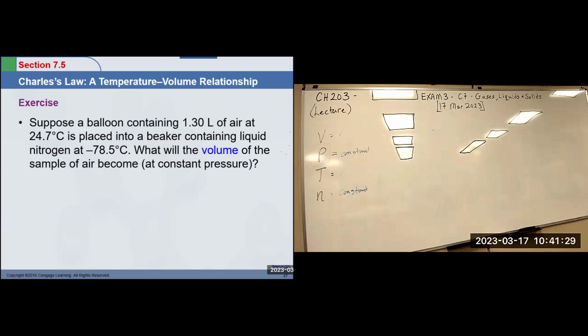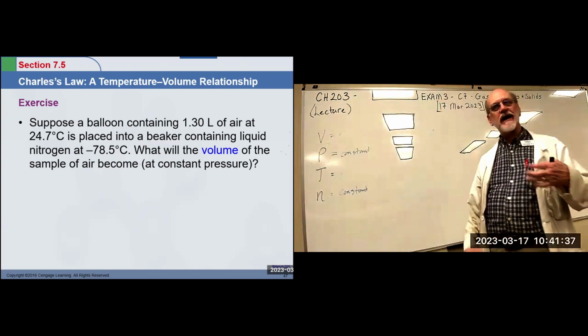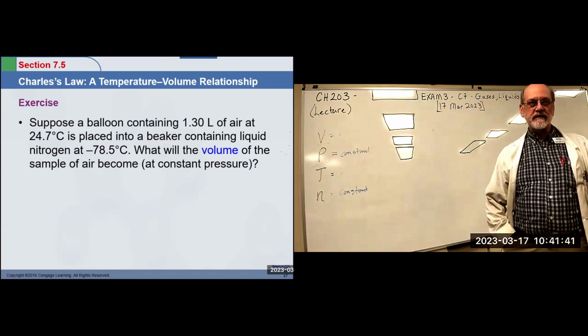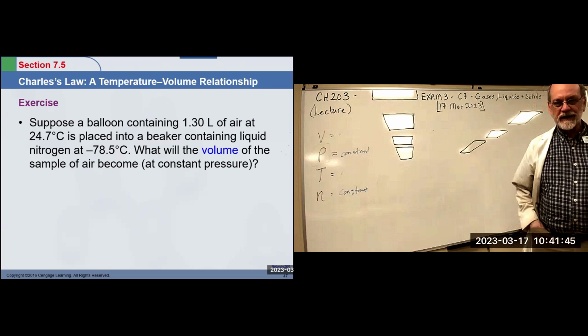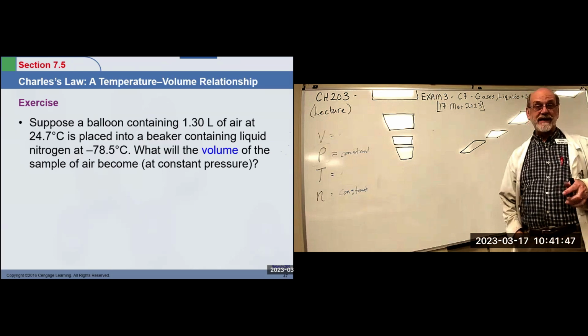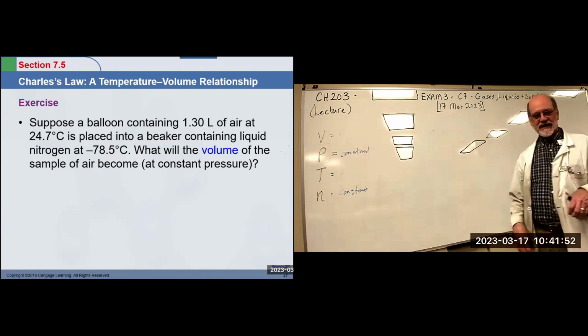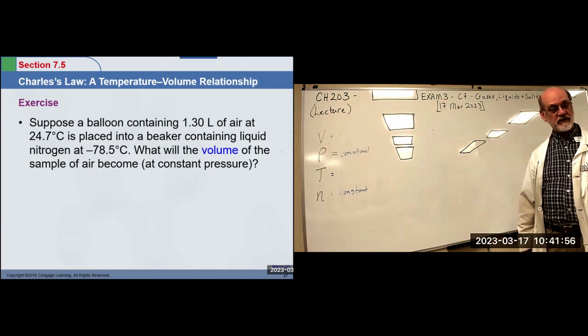Actually, this is dry ice, solid carbon dioxide. It becomes solid at minus 78.5 degrees Celsius. Liquid nitrogen is minus 195 degrees Celsius. So let's stick with the numbers we have. Just recognize that this is not liquid nitrogen.